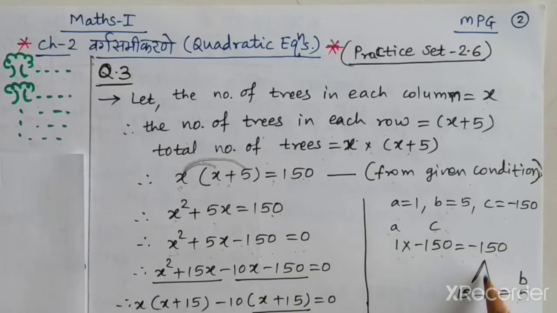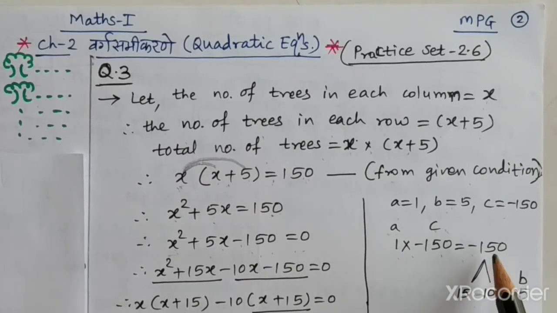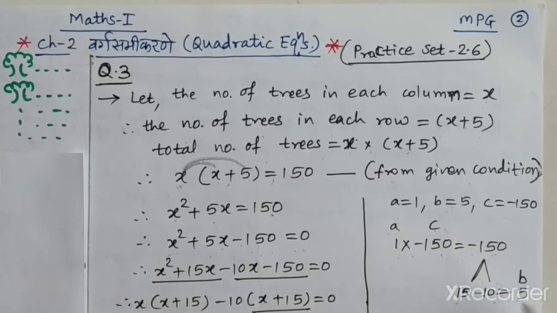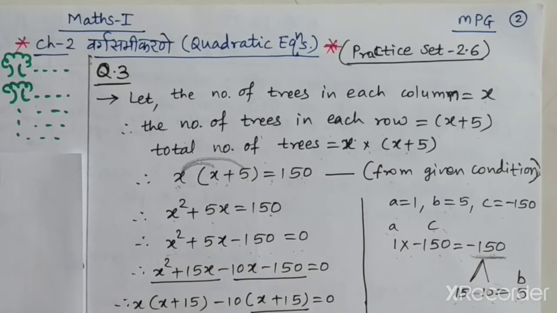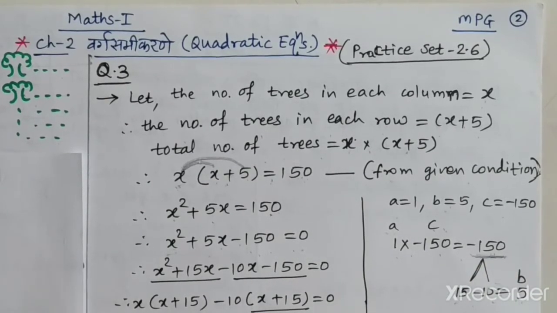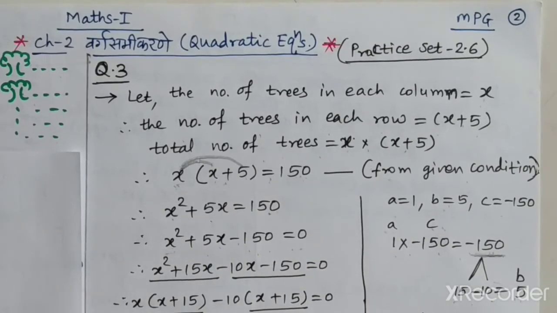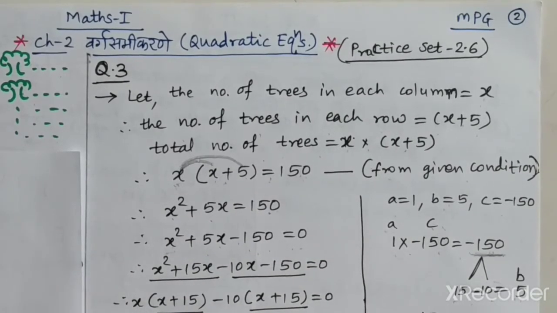So we have to find two factors whose product is minus 150 and whose subtraction or addition is 5. Consider the pairs of numbers having product 150: 150 into 1, 50 into 3, 75 into 2, 30 into 5, and 15 into 10.